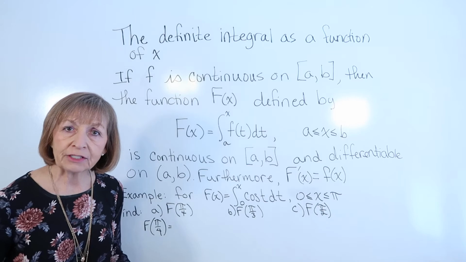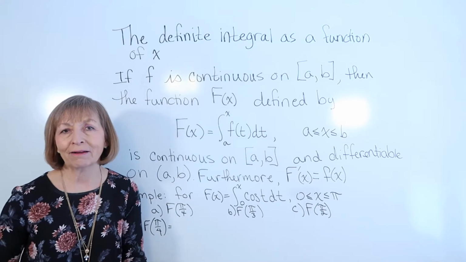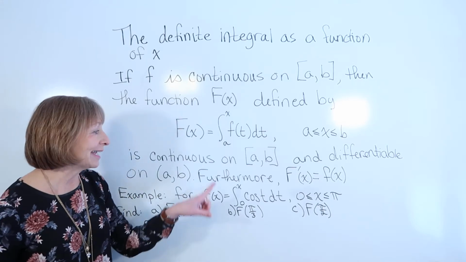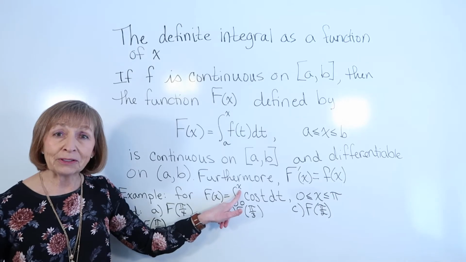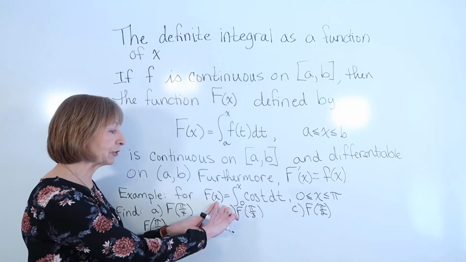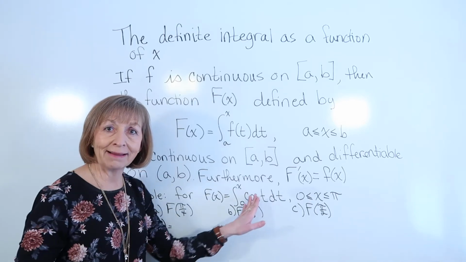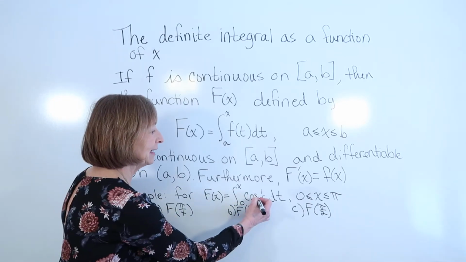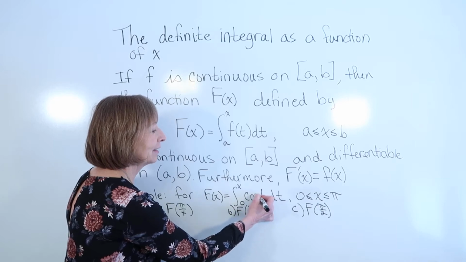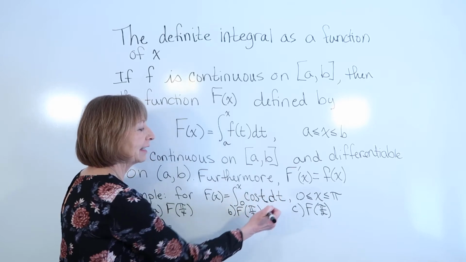And that's all we want to do here. It's just that it's a little bit uncomfortable for us at first because here my variable of my function is actually an endpoint of the integral. It's not the variable that is in the integrand itself.